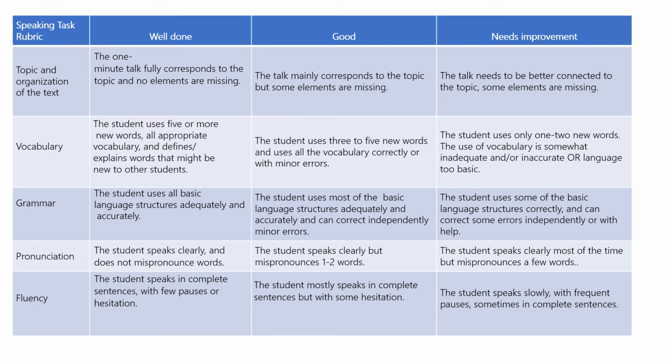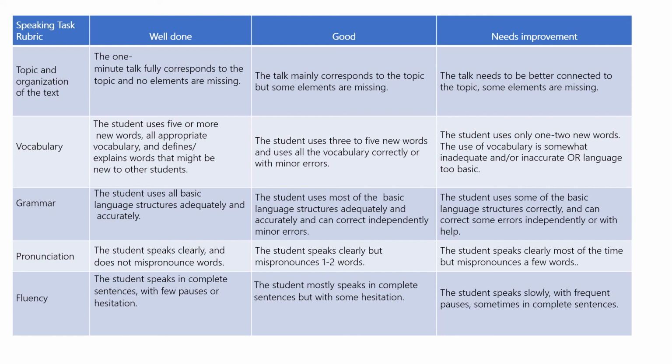This rubric will help you with both Task 1 or Task 2. It's a speaking task rubric. You will see that the criteria in this speaking task rubric are the topic and organization of the text. You should pay attention that your talk is 1 minute long and that it fully corresponds to the topic and no elements are missing. Then there is the vocabulary.